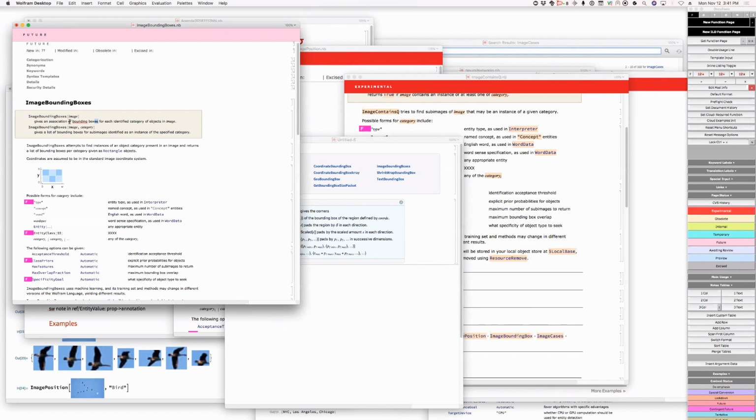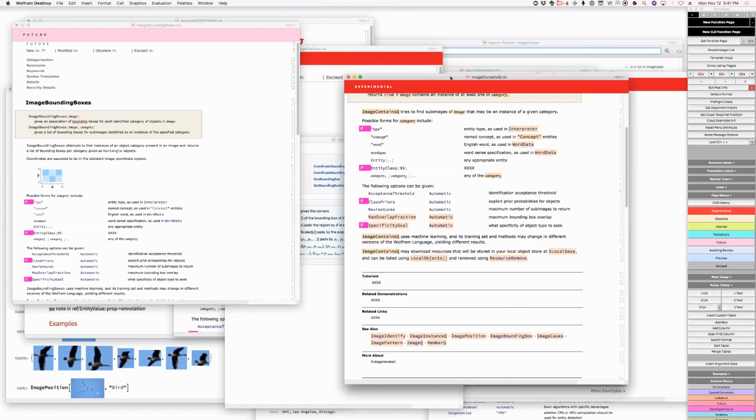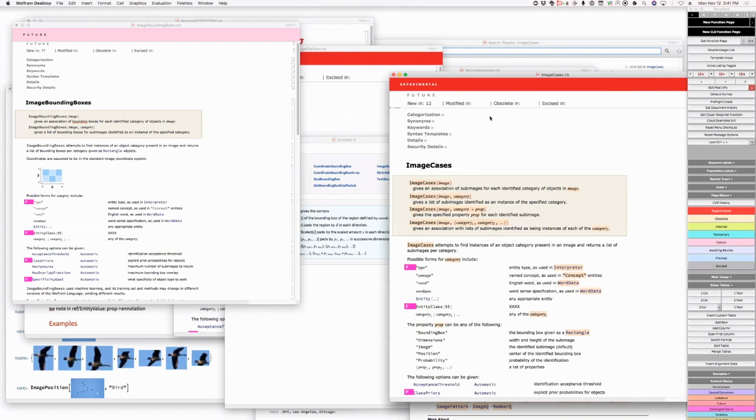Okay. Gives an association. What do we say? Because what we want to say here gives an association. How do we do this for image cases? We just had a reasonable way to say it. No, it should say gives an association of lists of subimages.